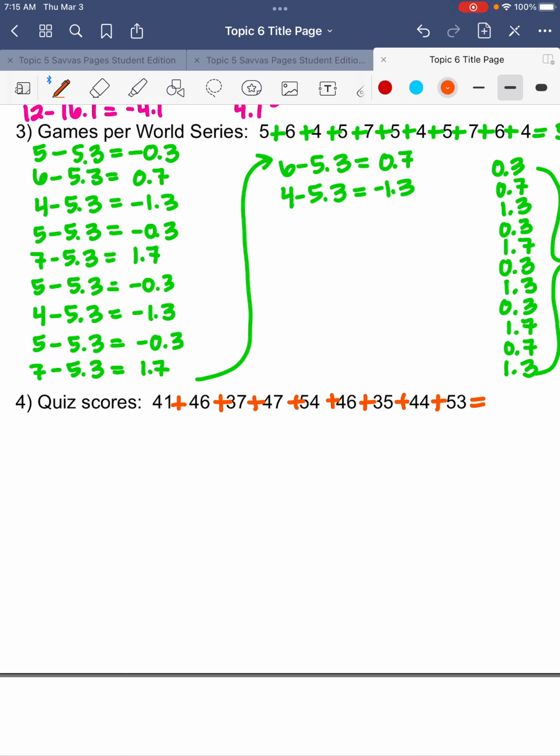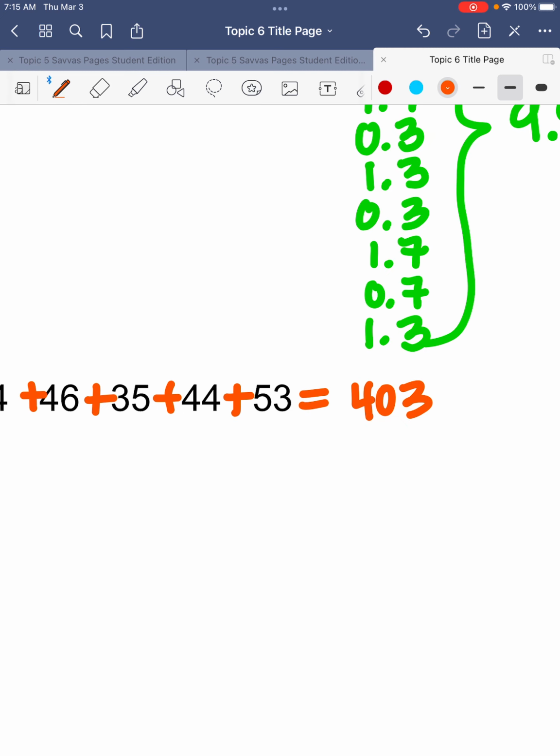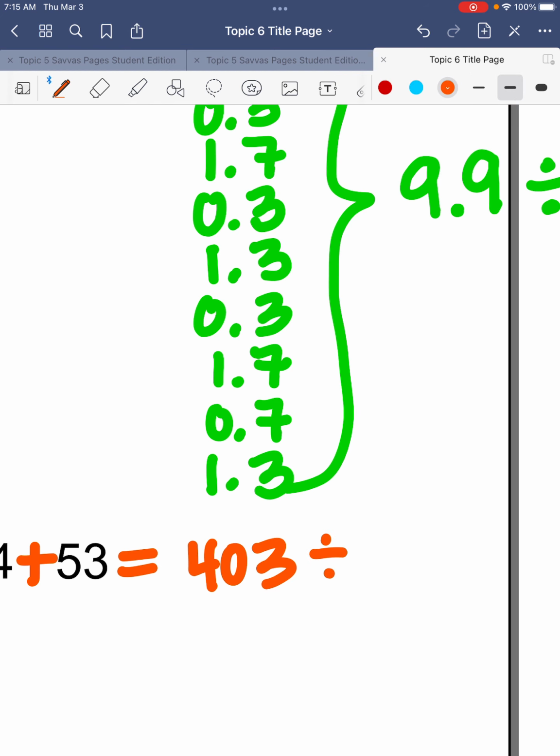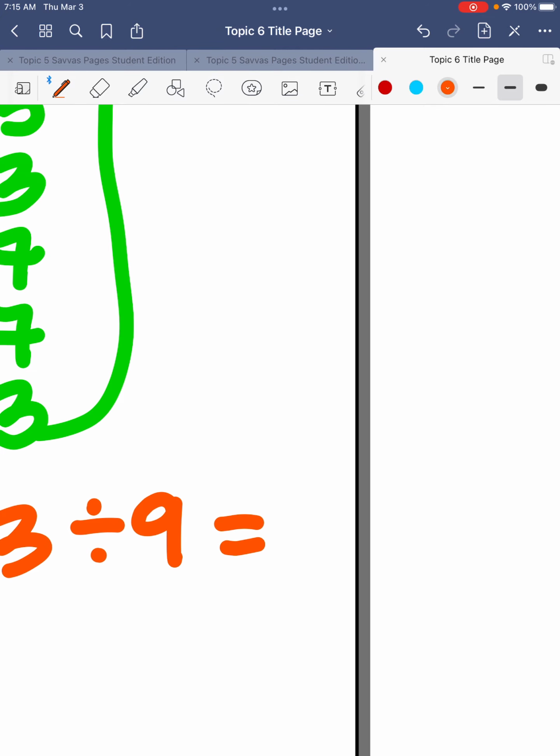All of that equals 403. I want to divide that by the number of terms that we have. So we have 1, 2, 3, 4, 5, 6, 7, 8, 9 terms. So I'm dividing that by 9. 403 divided by 9 is 44.7 repeating. So I'm just going to write that as 44.7.